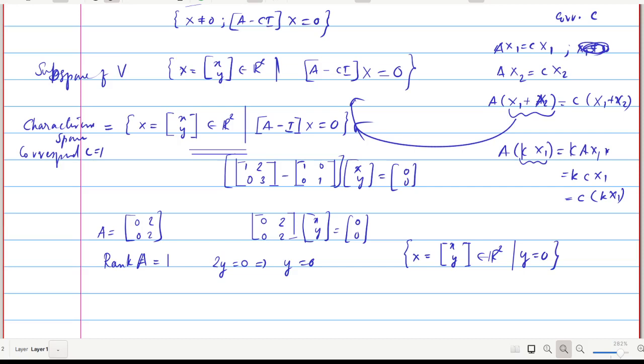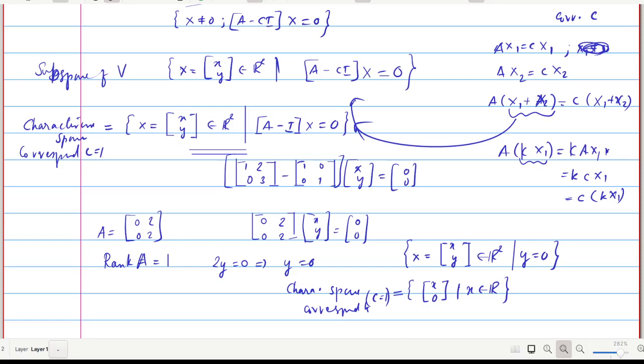This is the characteristic space corresponding to c equal to 1: the set of all (x, 0) such that x belongs to R is the characteristic space corresponding to c equal to 1. Okay, now from this you can find all the characteristic vectors. Any non-zero element of the set will give the characteristic vectors.